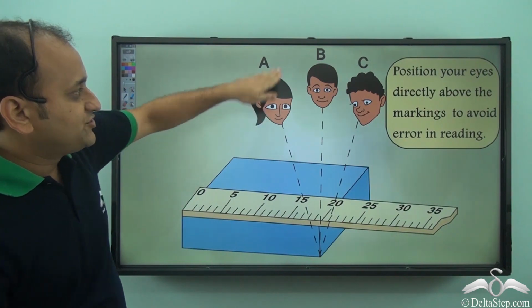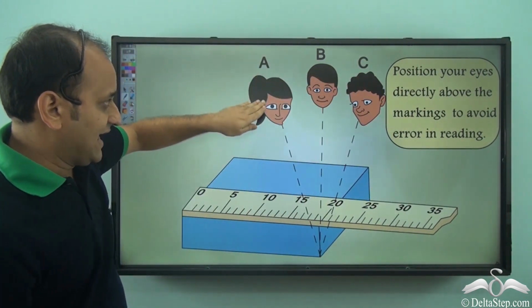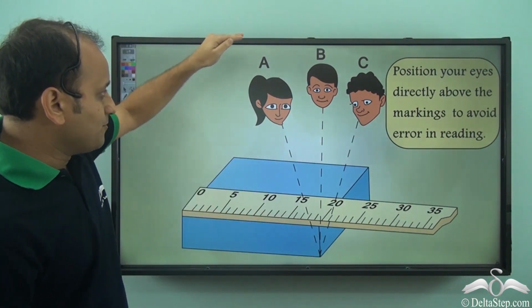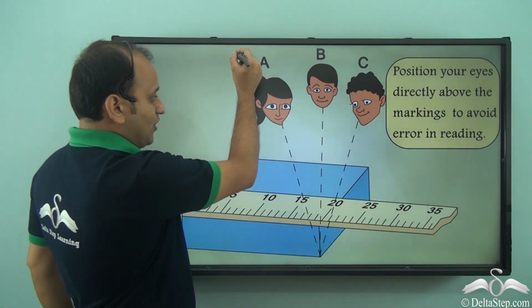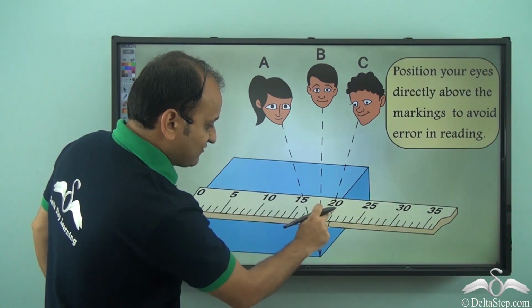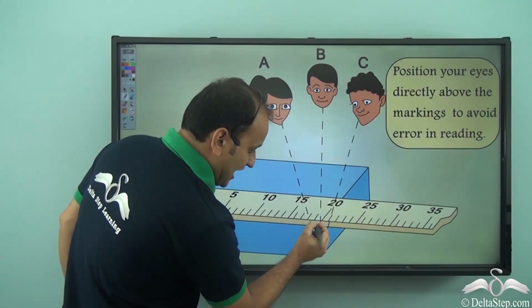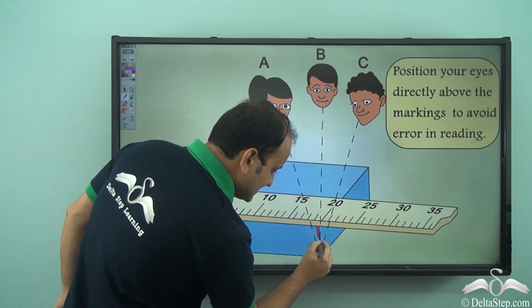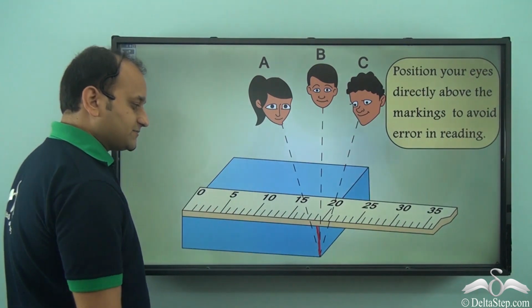Now, we have three different positions: position A, position B and position C. Now, from position A, if you are trying to measure the length of this particular side of the box, so you will try to match the division with this particular edge of the box.